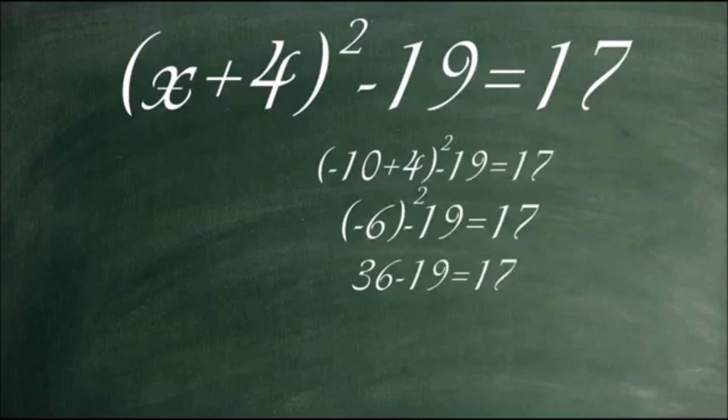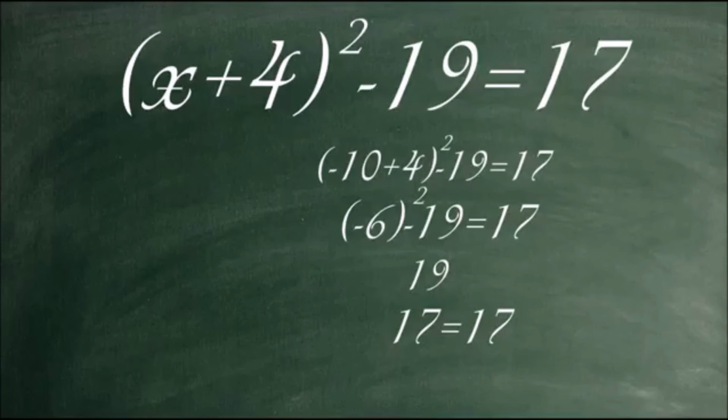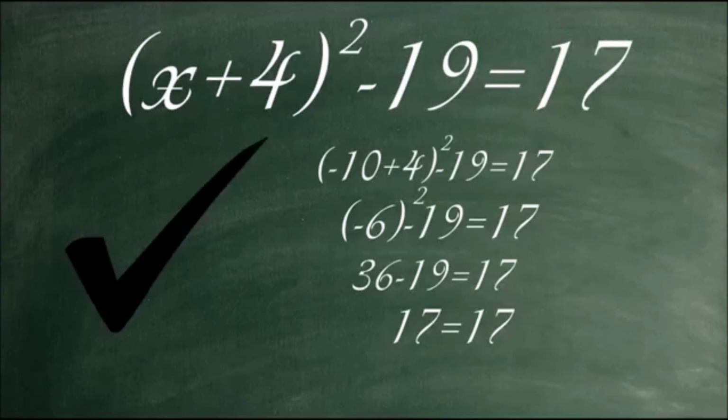Copy the remaining terms. 36 minus 19 equals 17, because 19 subtracted from 36 is 17. 17 equals 17, meaning that the value of x sub 2 is correct.